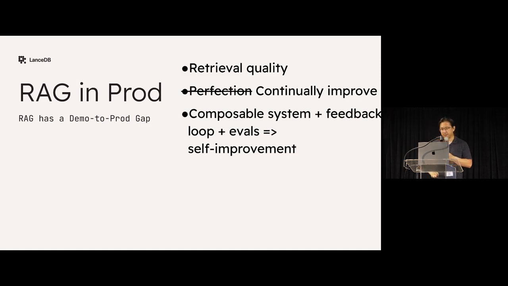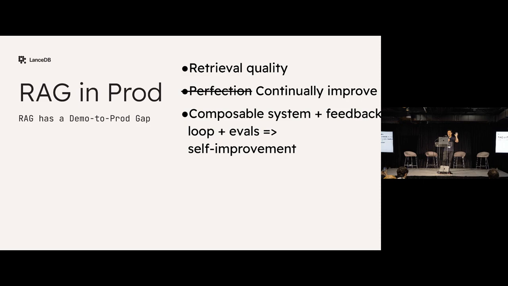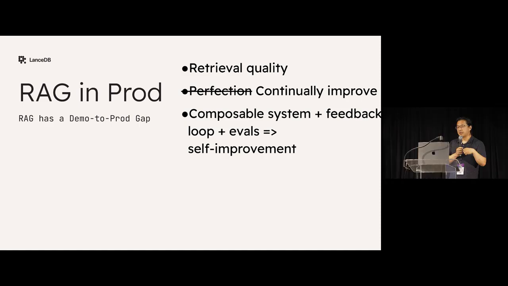So having that composable system with different knobs to turn and different components to improve, plus a feedback loop where you can take errors that you encounter or synthetic data, and then most importantly, having that eval system to be able to benchmark your results. If you put those three together, that's what I'm calling self-improving RAG. It's a continuous system for self-improvement of your RAG pipeline.